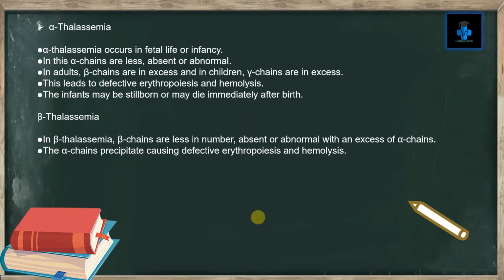The infants may be stillborn or may die immediately after birth. Beta thalassemia. In beta thalassemia, beta chains are less in number, absent or abnormal, with an excess of alpha chains. The alpha chains precipitate, causing defective erythropoiesis and hemolysis.